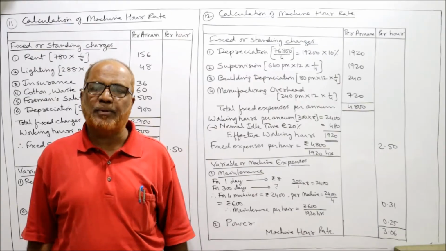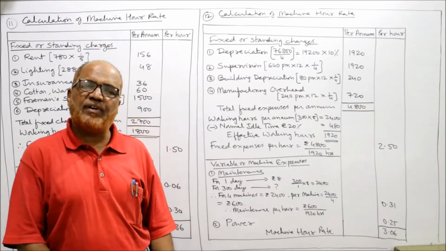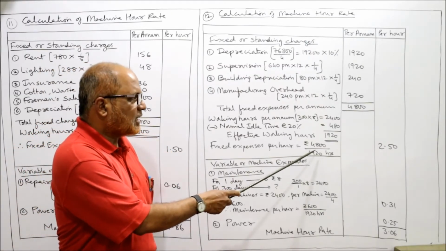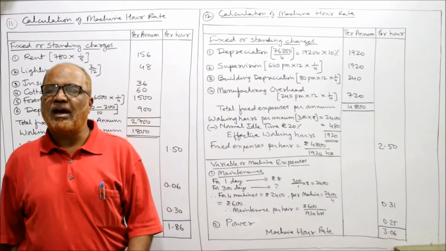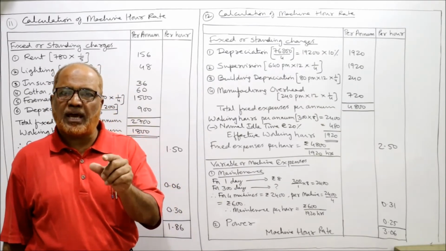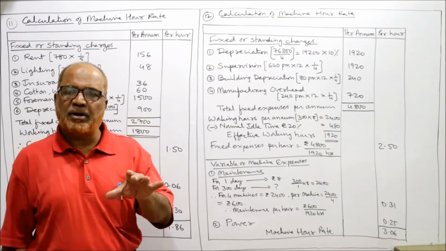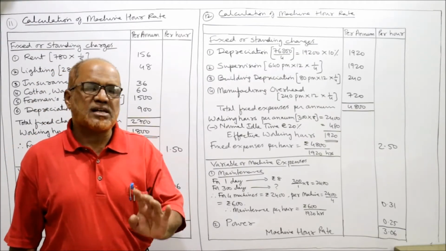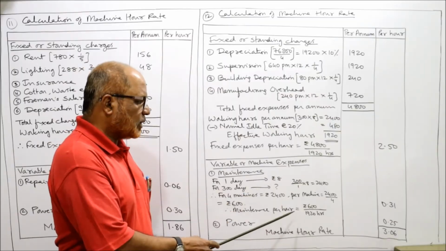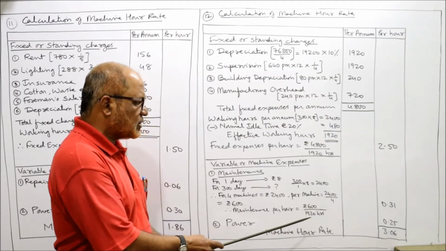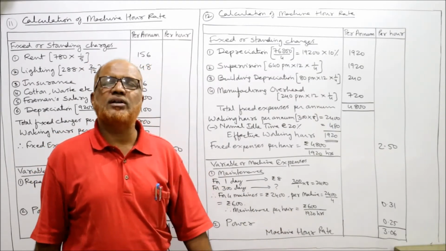600 rupees per annum. And per annum how much is the effective working time? 1,920 hours. That means one machine has 600 rupees repairs and maintenance in a year, and the working time is 1,920 hours. So 600 divided by 1,920, you will get 0.31.